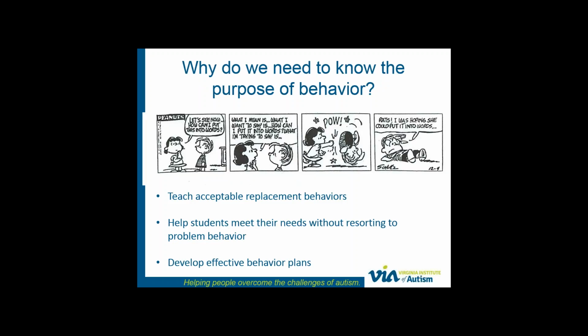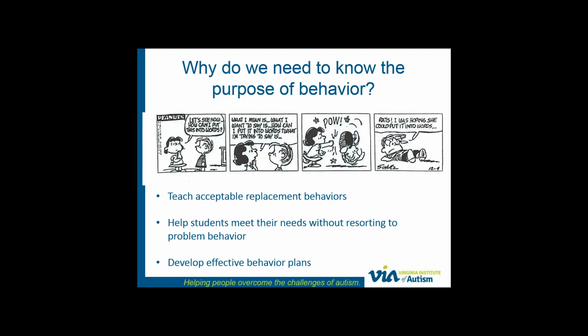So why do we need to know the purpose of behavior? This Peanuts cartoon basically exemplifies why we need to know the function. Here Lucy's saying, let me see how I can put it into words. What I mean is, what I want to say, and then in the third panel she ends up hitting Linus and he says, rats, I was hoping she could put it into words.